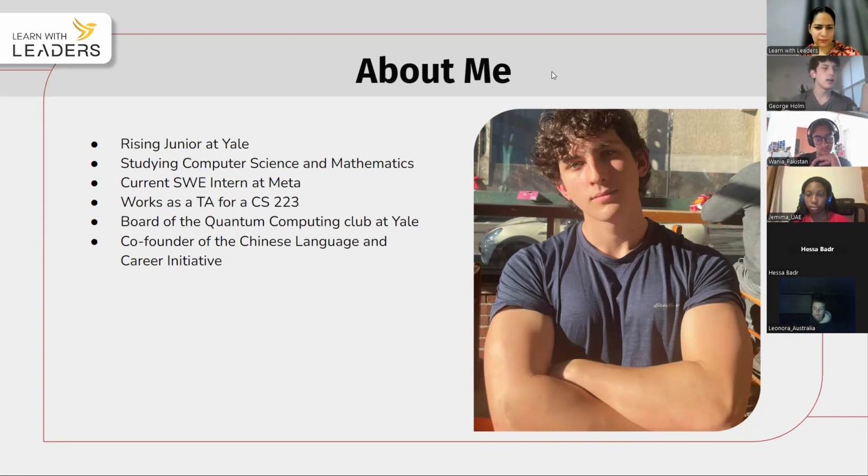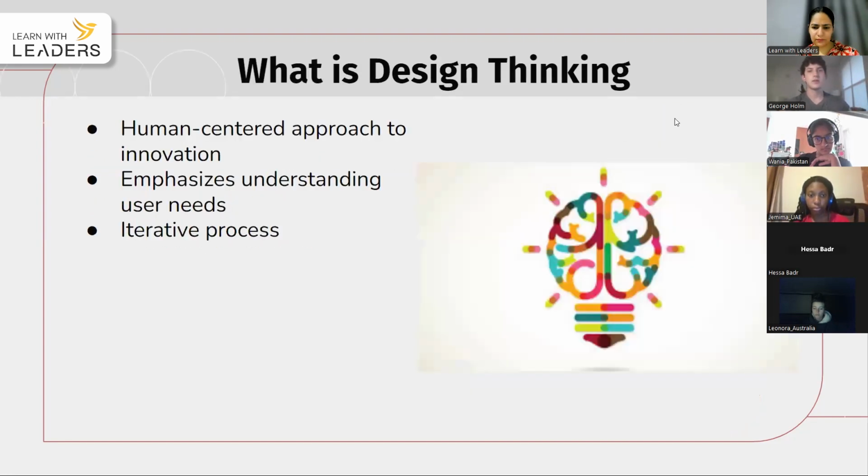So yeah, first we can get started with what is design thinking. Design thinking is meant to be a business-centered, human approach to innovation and problem solving. It focuses on the needs and experiences of actual users, trying to create solutions that are both effective and user-friendly. The process involves empathizing, it's a hard word to say, with users, trying to define the problem, ideating potential solutions, prototyping, and testing these solutions.